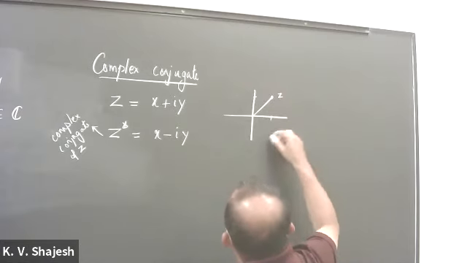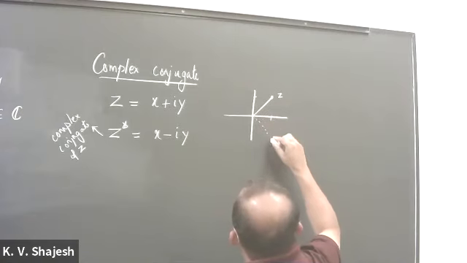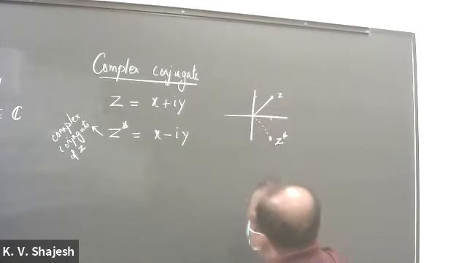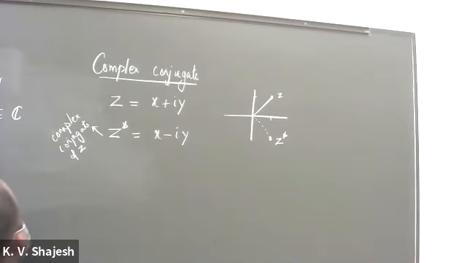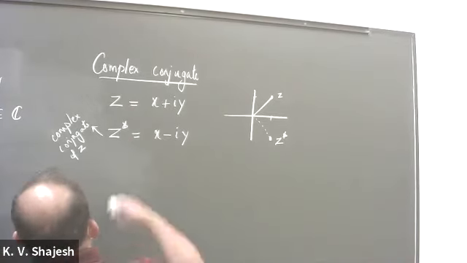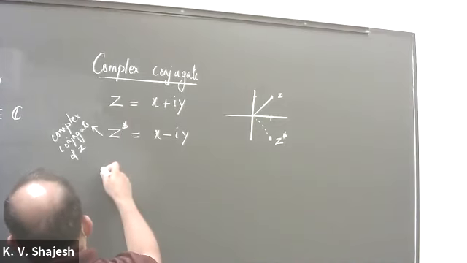I'm flipping that. The complex number will be here. That's z star. So it's just like if you have a vector, we're saying that it is a minus b. And that's a useful concept when it comes to multiplication of a number.